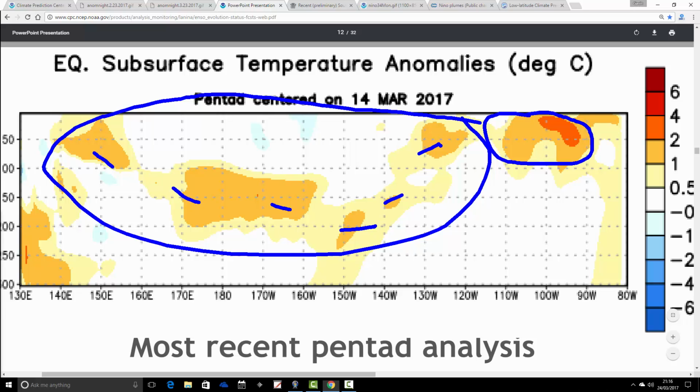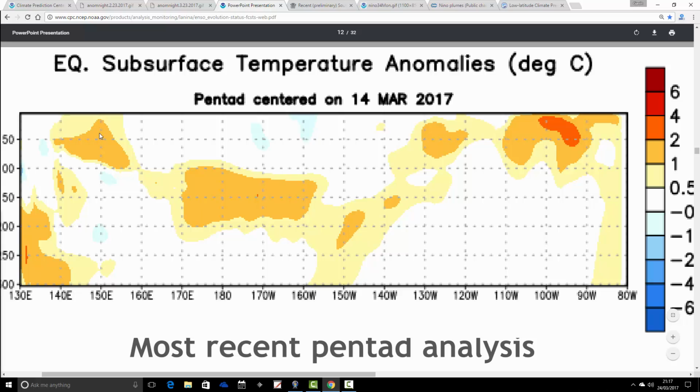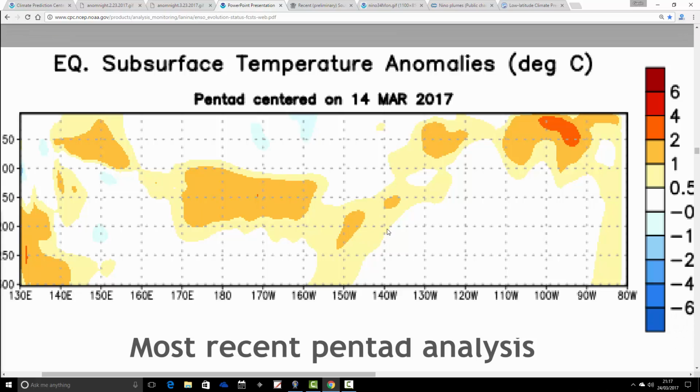So, whilst it is above average in terms of those subsurface temperature anomalies at the moment, I think we can say that the chance of El Nino is growing, it's increasing, it is there, but we need to see these warmer than average subsurface temperature anomalies really intensifying and becoming a greater body, if you like.